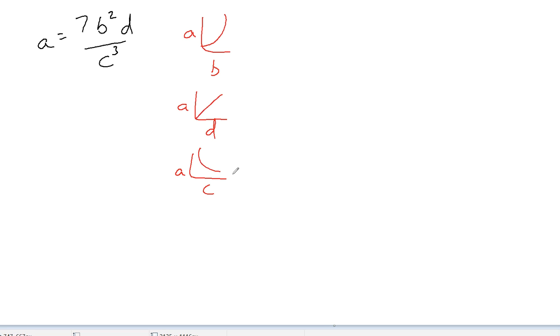Out of the 3 graphs, the only one good to go is the middle one. I know that A is directly proportional to D. The other ones are not good to go. A versus B isn't going to work. But if I graph A versus B squared, the entire nature of it, it would give me a straight line.